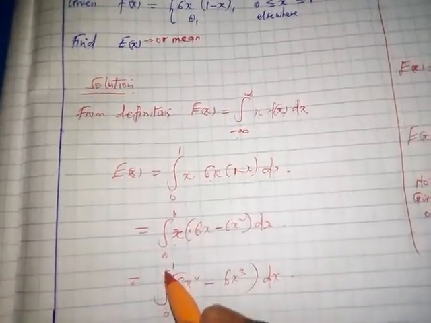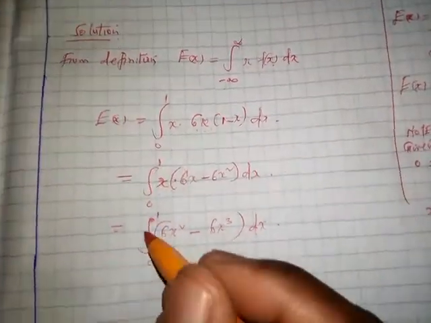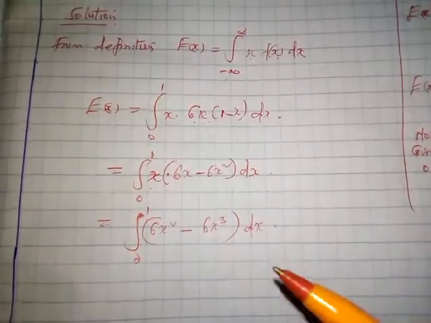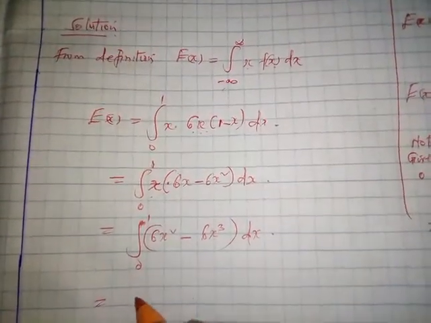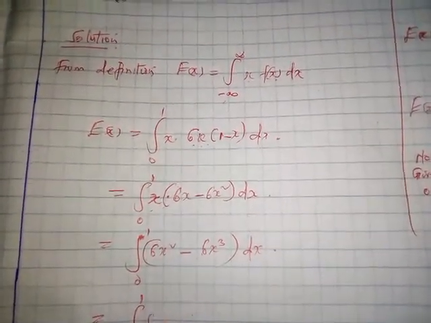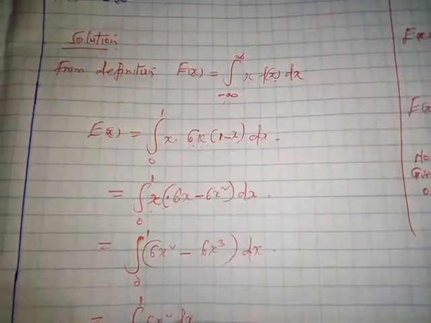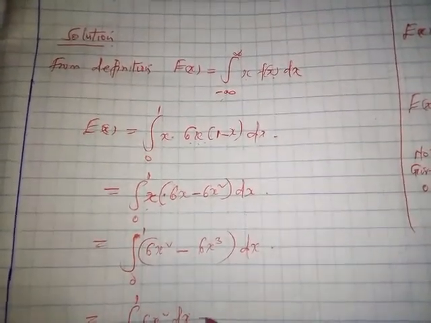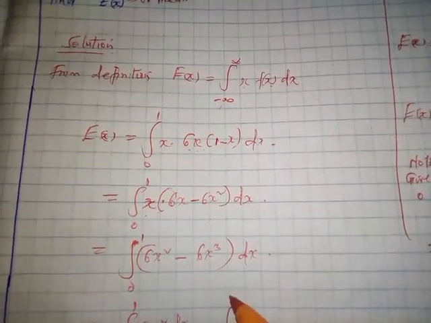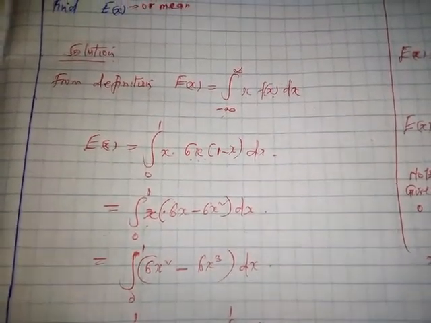We can work it separately: the integral from 0 to 1 of 6x squared dx, minus the integral from 0 to 1 of 6x cubed dx.